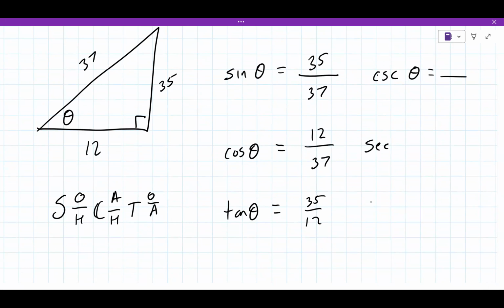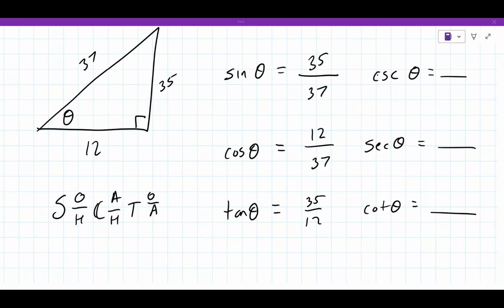So give me each of these values, please. What's the top one?